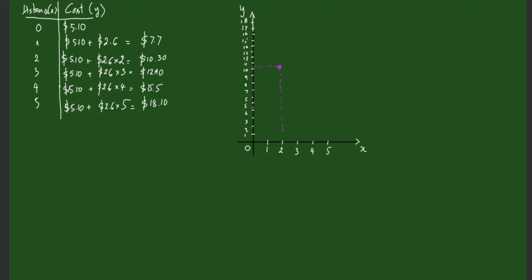Hopefully I have enough space. So for 3 it is 12. So 12 right here. It's not really perfect, but I try to be perfect, you know. Because right here it looks like there's some error already. So let me try to be perfect here. So we have around like this.